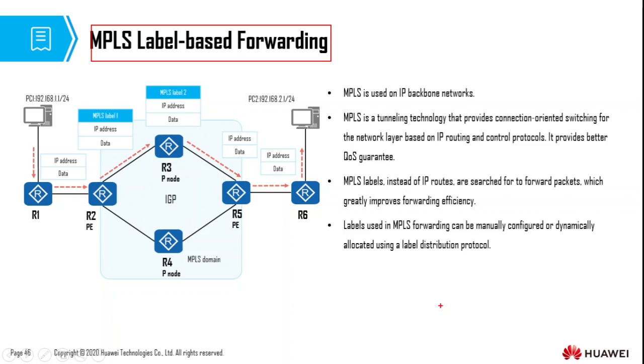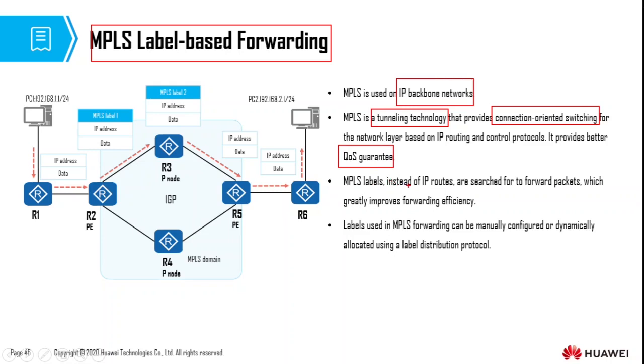Now, generally, MPLS is used on IP backbone networks. MPLS is what we call a tunneling technology that provides connection-oriented switching for the network layer based on IP routing and control protocols. So it provides better quality of service guarantee.